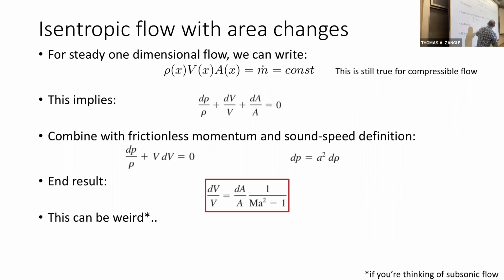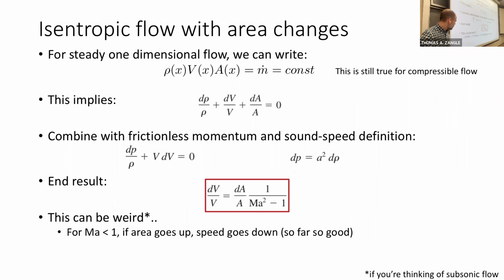But in the compressible case, Mach number is not equal to 0, right? And so this thing can cause some kind of strange behaviors. This can be weird if you're thinking about subsonic flow. If you're still in that subsonic incompressible flow mentality, this can give some weird behavior.